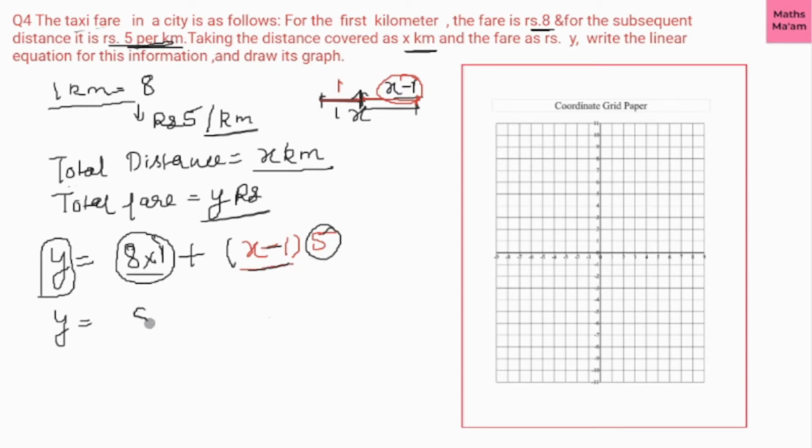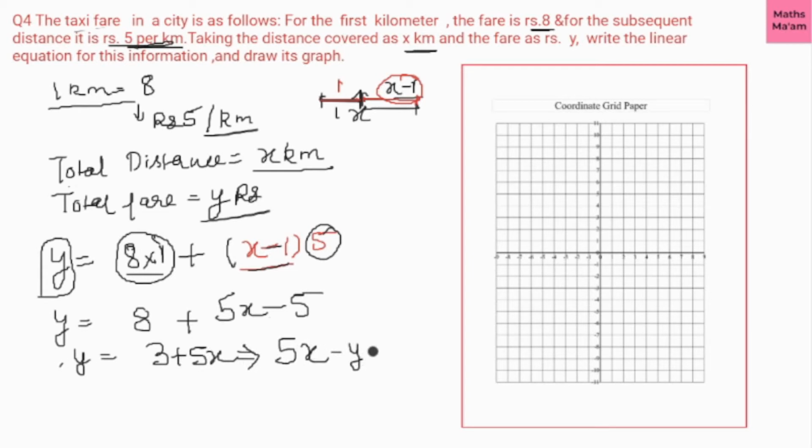Now we'll open it. We'll write like this, 5x minus 5. Or we can further write 8 minus 5 is 3 plus 5x. Okay, and further we can write 5x, this y will come to this side, minus y plus 3 is equal to 0. And this is a linear equation according to the information given to us.